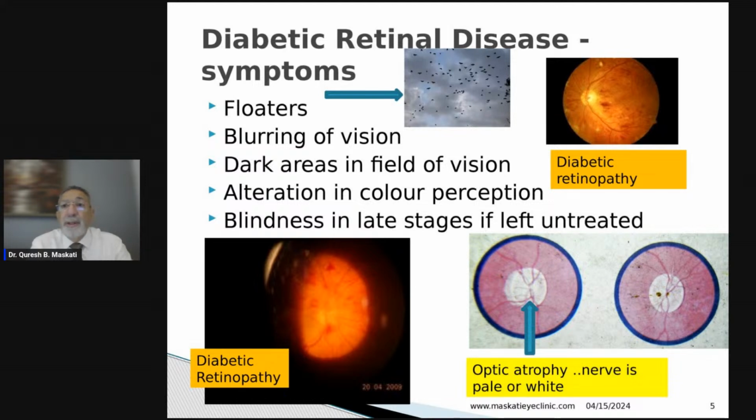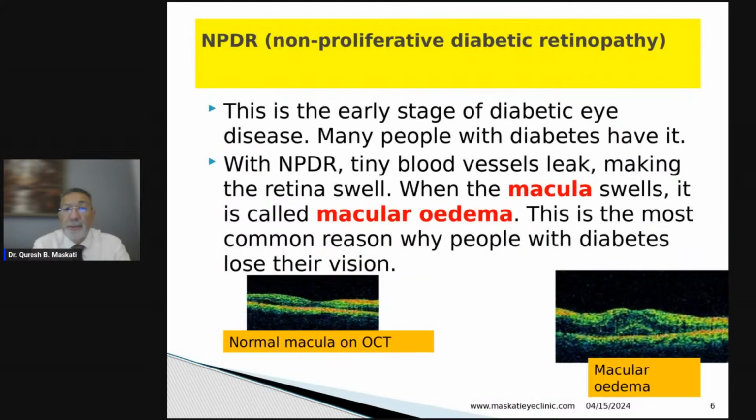Anyway, these are the diabetic changes which occur. And afterwards, at the end, the nerve might fail us and give you a white nerve like this. Instead of the pink nerve, which is normal, you might get a white nerve called optic atrophy, where there is disc pallor. So diabetic retinopathy is divided into two main types.